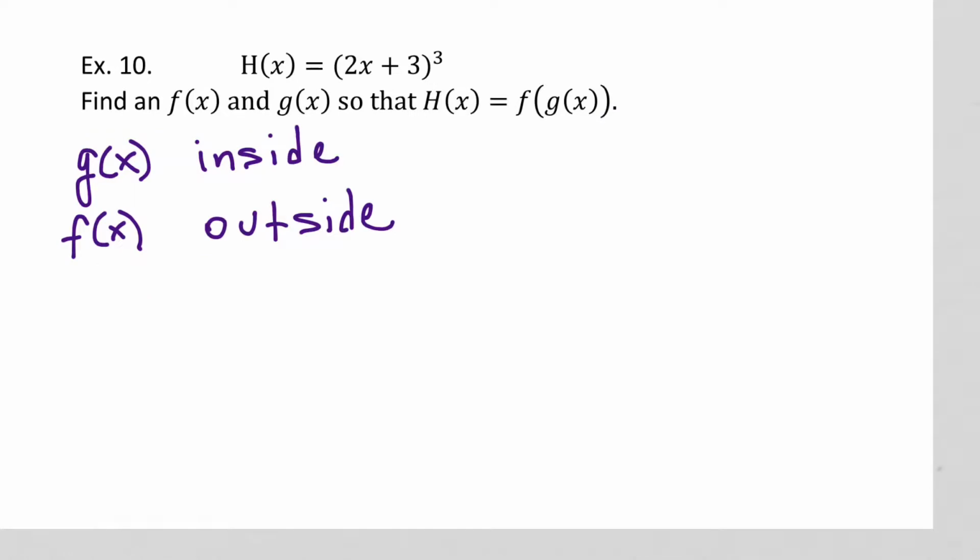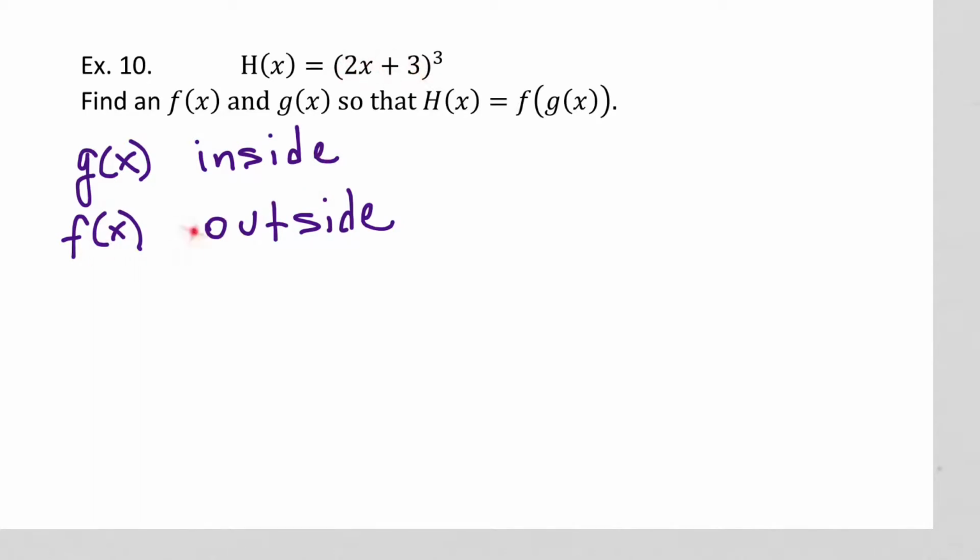Okay, here's another one like that. So we've got this function big H of x is equal to the quantity 2x plus 3 all cubed. So we're looking for an f of x and a g of x such that h of x is the composition f of g of x. So that means g of x is going to be the inside. So here, this would be your inside.